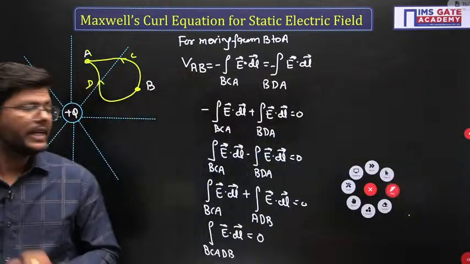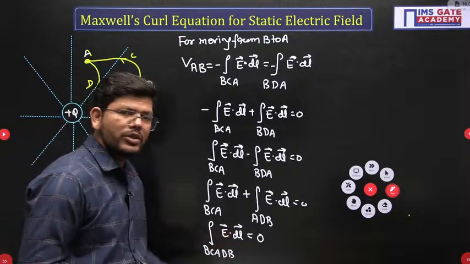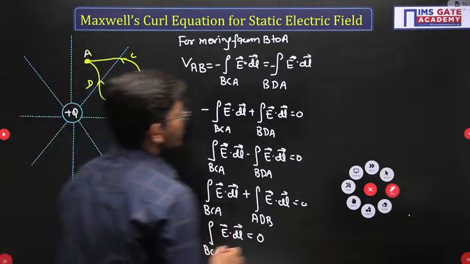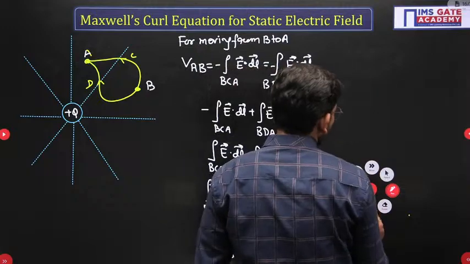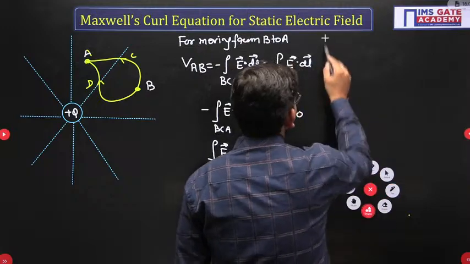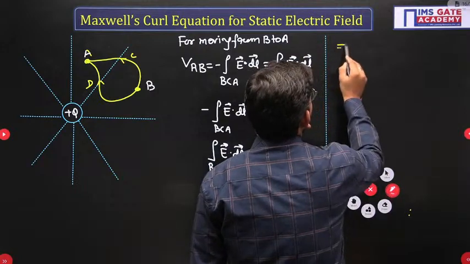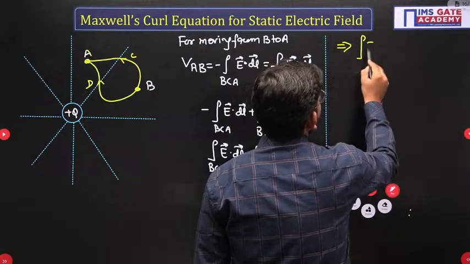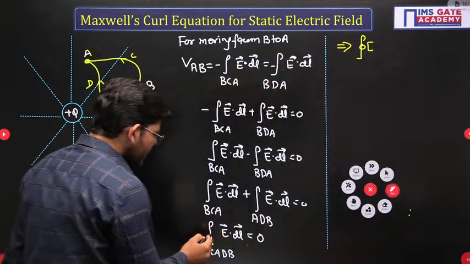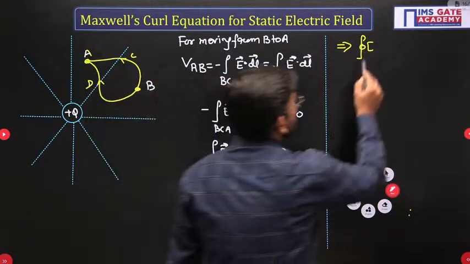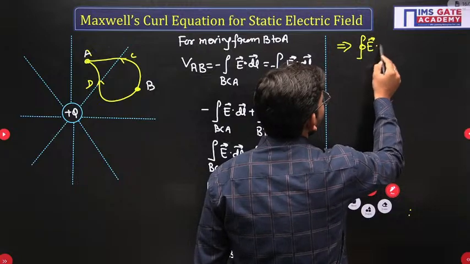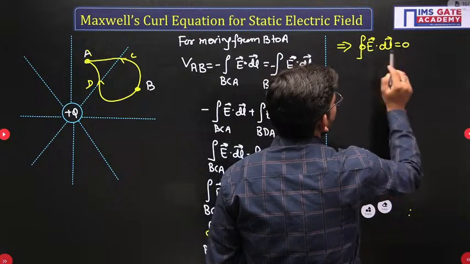And do you know what it indicates? E dot dl equals 0. You obtained the closed integral of E dot dl equals 0, and it indicates that the electric field is conservative. Now it has become a closed path. You are following a closed path, so the closed path integral of E dot dl is equal to 0.